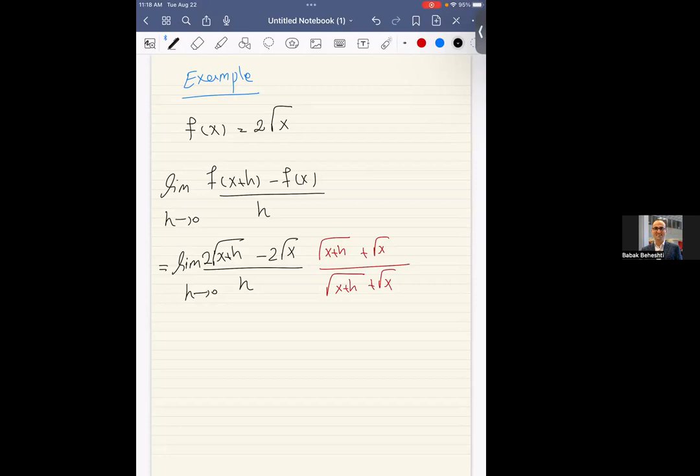So on the top, you have 2 times x plus h minus x. And then at the bottom, you have h times the square root of x plus h plus the square root of x.